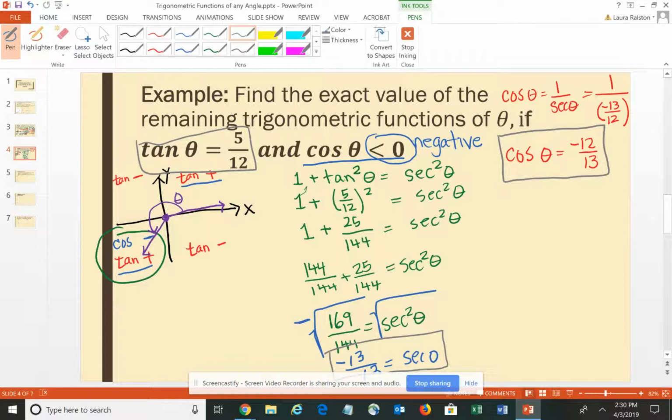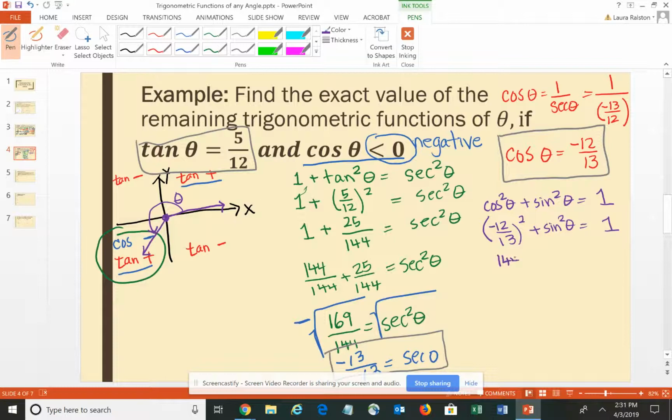From there, again, I've got a couple of options. At that point, I probably would utilize my Pythagorean identity that cosine squared theta plus sine squared theta is 1. And again, I can do some algebra here because cosine is negative 12/13. Square it plus sine squared theta equals 1.